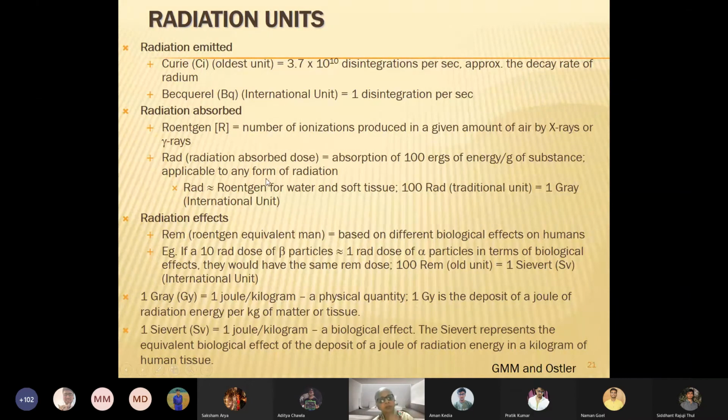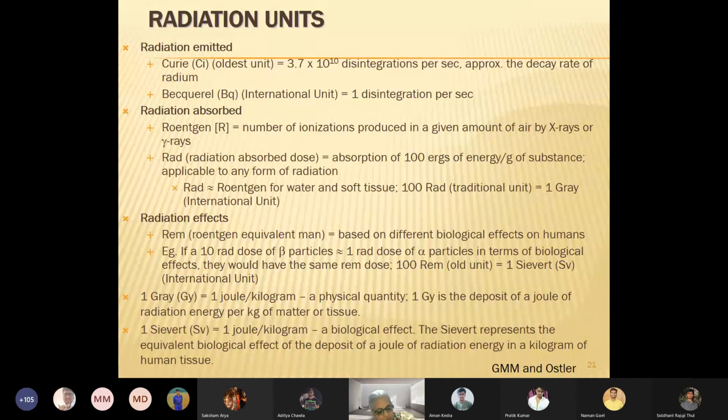And then we have radiation absorbed dose. Radiation absorbed dose is how much energy is being absorbed by 1 gram of any substance. So here we are not interested in what is being emitted, we are interested in what is being absorbed. For example, when I go for a dental filling and they take an X-ray, I want to know how much of this radiation is being absorbed by the tissue in my mouth.